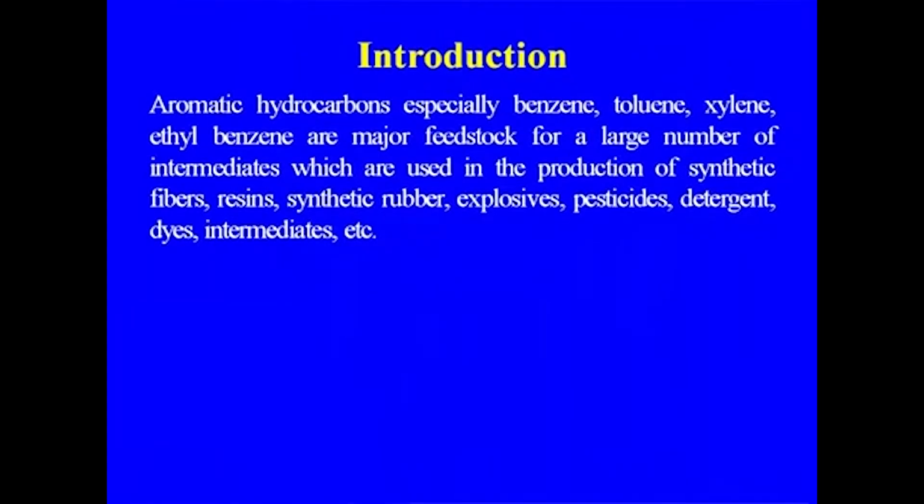Aromatic hydrocarbons, especially benzene, toluene, xylenes, meaning paraxylene and orthoxylene, that we are more interested in, and ethyl benzene, which is also an important feedstock for styrene, are major feedstocks for a large number of intermediates which are used in the production of synthetic fiber, resins, synthetic rubber, explosives, pesticides, detergents, dyes, intermediates, and the pharmaceutical industry.